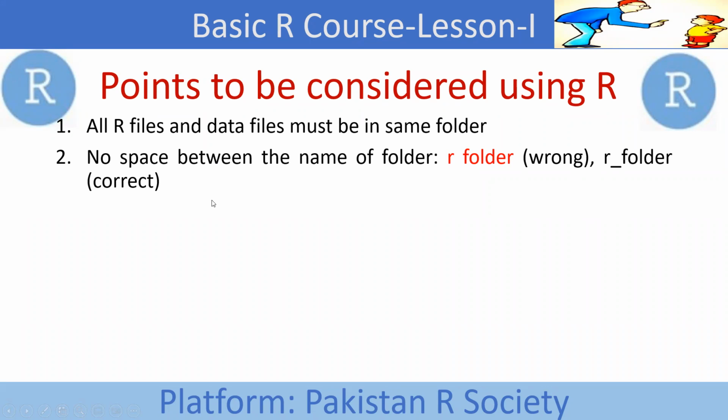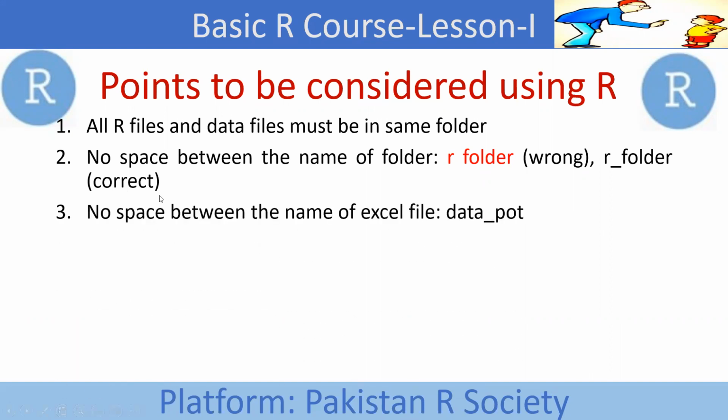So you do not have to give a space in the name of the folder. Similarly, you do not give a space in the data file name. You must write data underscore pod, data dot pod. Do not give space in the data file name or the folder name.